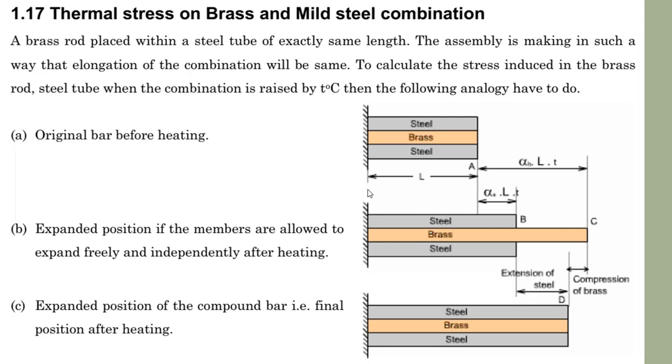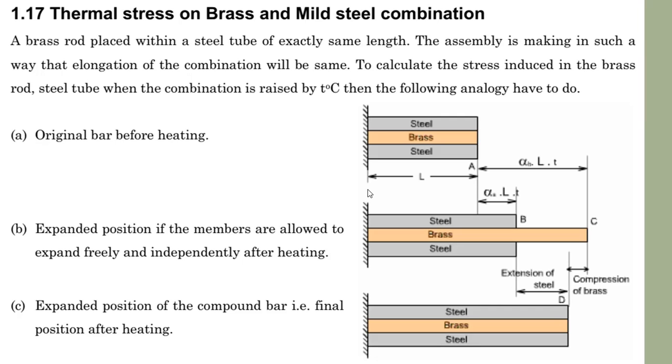Now this is the example: thermal stress on brass and mild steel. For details of derivation, you can refer to the audio video lectures on the strength of materials subject, where I explain each and every point in detail. A brass rod is placed within a steel tube of exactly the same length.